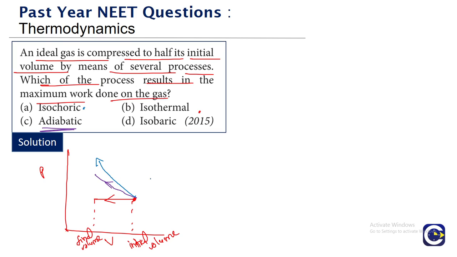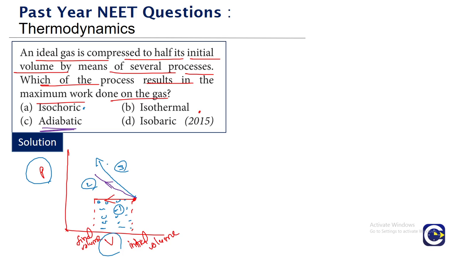So let us compare between these three processes, let's call them 1, 2 and 3. Our task is to find out in which case maximum work is done on the gas. If you look at the PV diagram of any particular process, the area under the PV curve gives us the work done. Which of them will have a higher work done? The work done will be given by the area under this horizontal line in case of the isobaric.